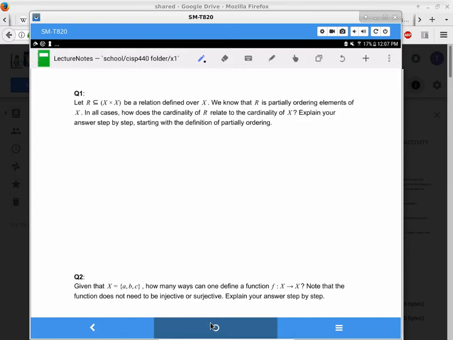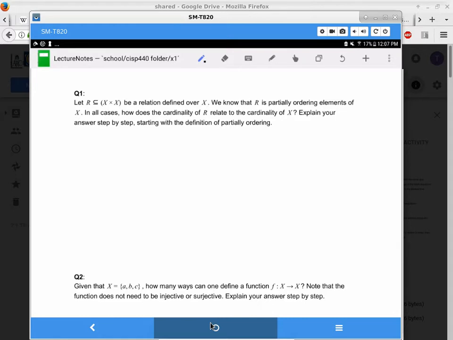We know that R is a partial ordering. In all cases, how does the cardinality of R relate to the cardinality of X? Is it greater than, equal to, the square of something? Explain your answer step by step, starting with the definition of partial ordering. So what is a partial order?